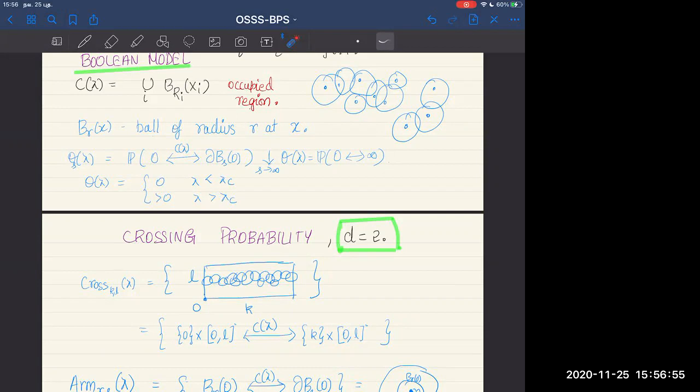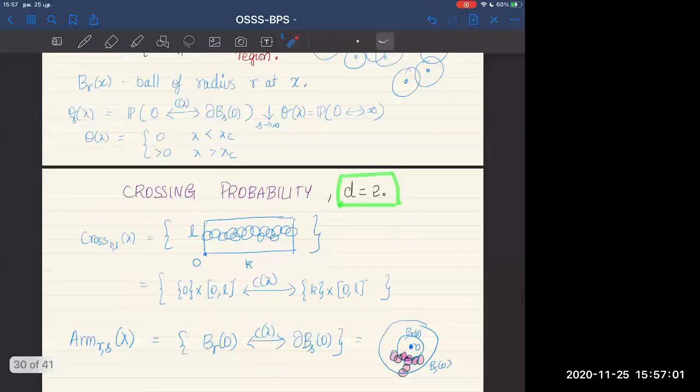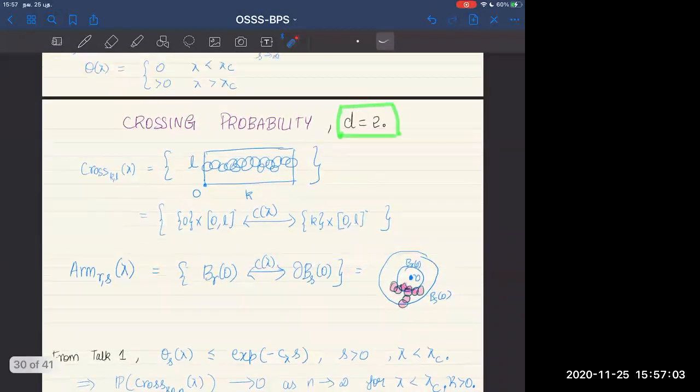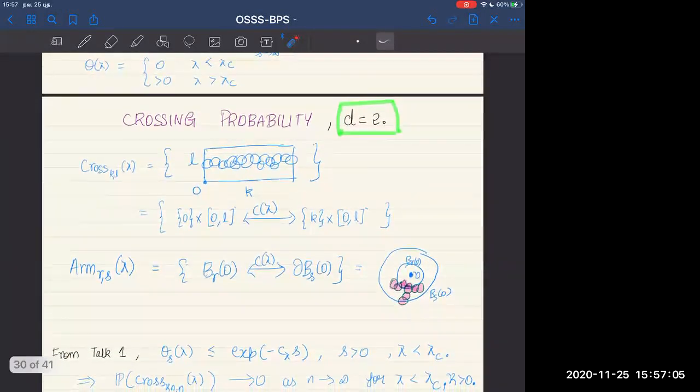I could be a bit wrong, but if someone is aware, they can add in. As far as I understand, theta lambda is shown to be continuous everywhere except possibly at lambda c, so it boils down to showing that at lambda c, theta of lambda is equal to 0. This is not known in intermediate dimensions.